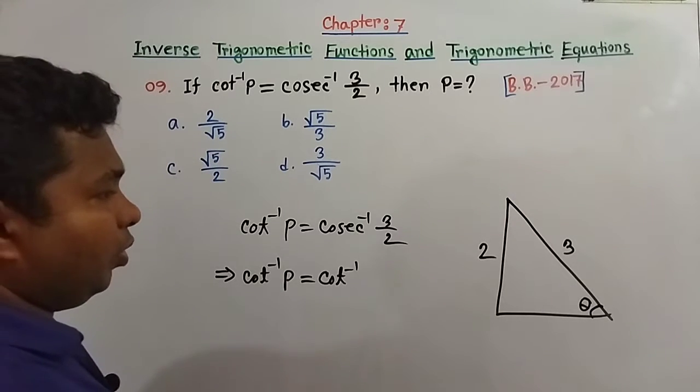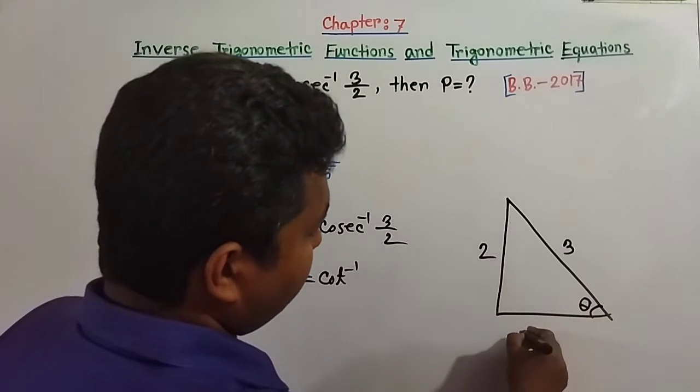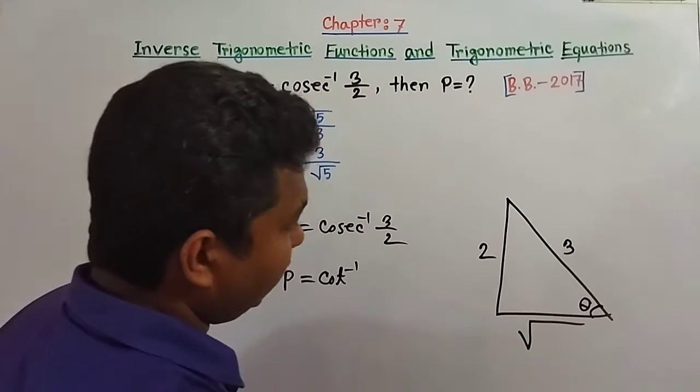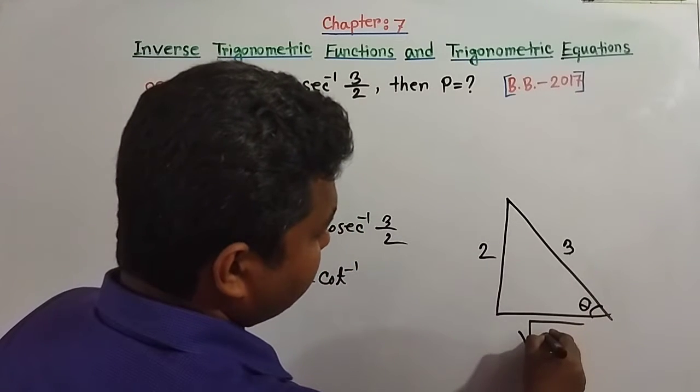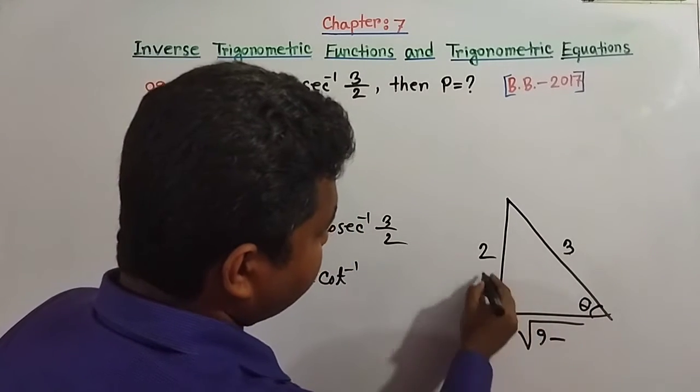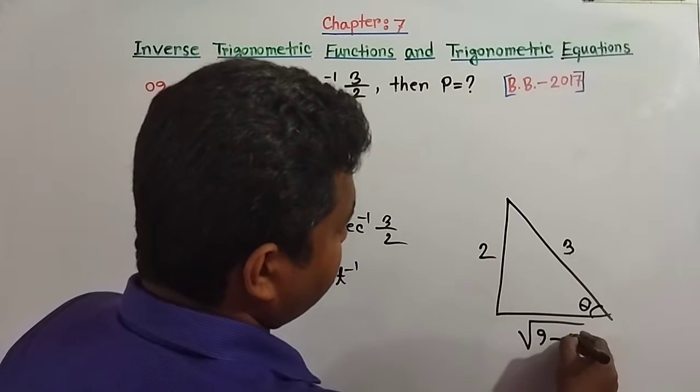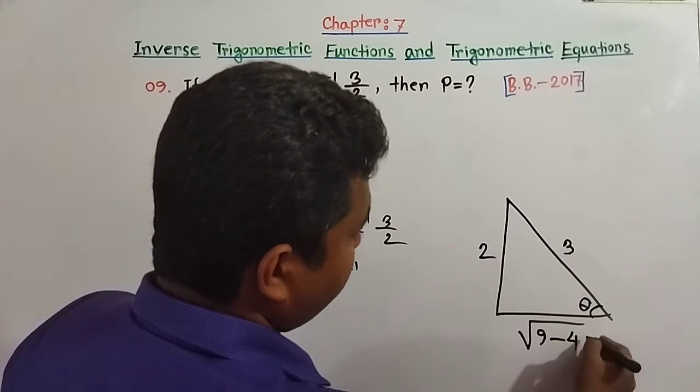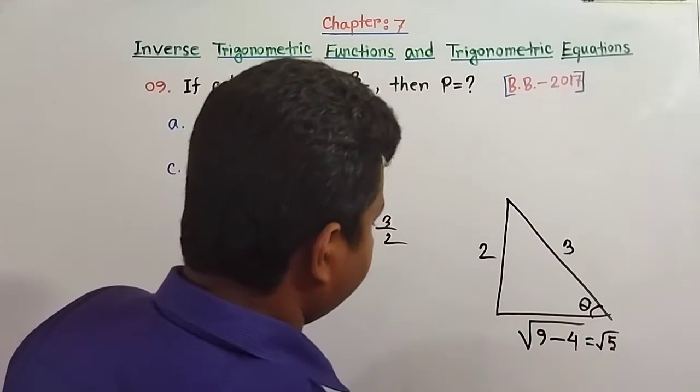Then using Pythagoras formula, we have to find the base. Here the base will be square root of hypotenuse square, that is 9, minus perpendicular square, that is 2 square equal to 4, so square root of 5.